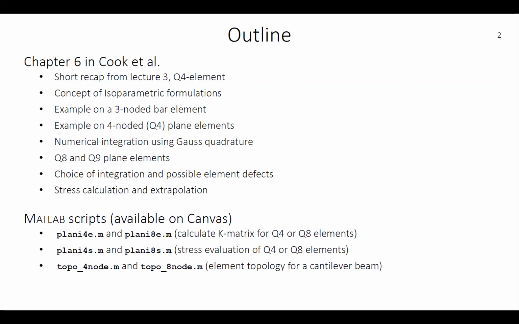And in many practical situations where you use commercial software, you may be facing selecting between, say, 4-noded, 8-noded, or 9-noded elements. And then I believe it's important that you know the difference between these elements and when you should use which element. And also something about what can potentially go wrong and how these elements should be treated.